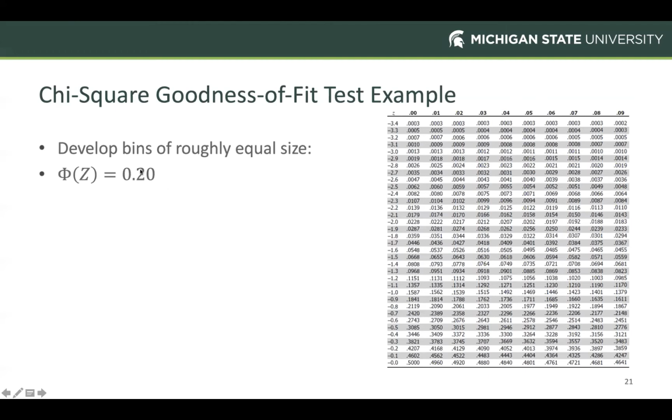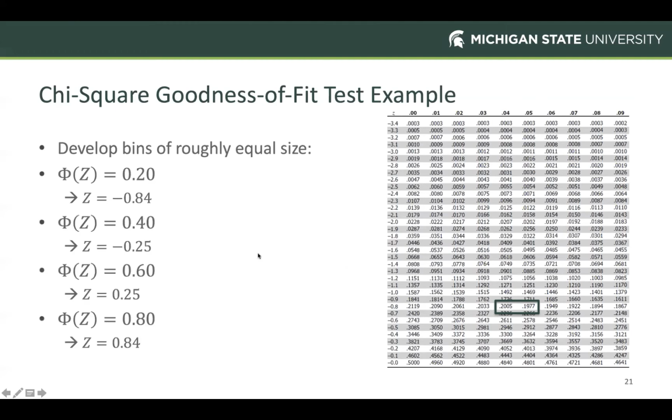And so what we're going to do is search the standard normal table for the value of z that will correspond to the 20th percentile, okay? We'll notice that that value occurs right around 0.84. So hopefully everybody's with me here. Our z-score of minus 0.84 would comprise the bottom 20% of a standard normal distribution. Likewise, we can use that same rationale to identify the 40th percentile.